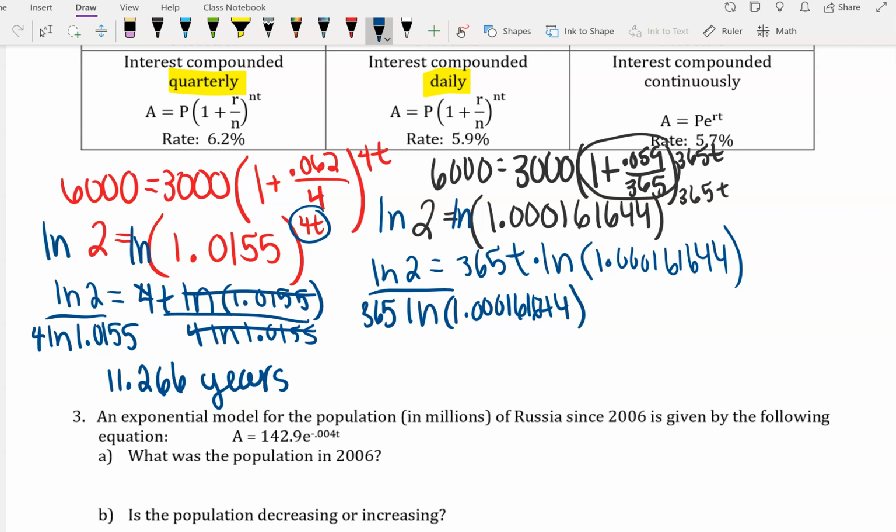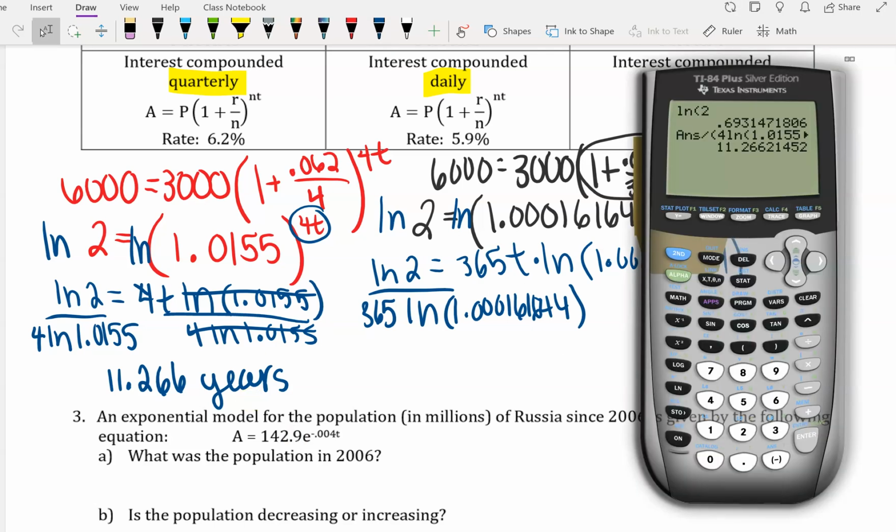All right, and then type that into my calculator. It's just getting a little tedious. These are a little bit long, but same process almost every time.